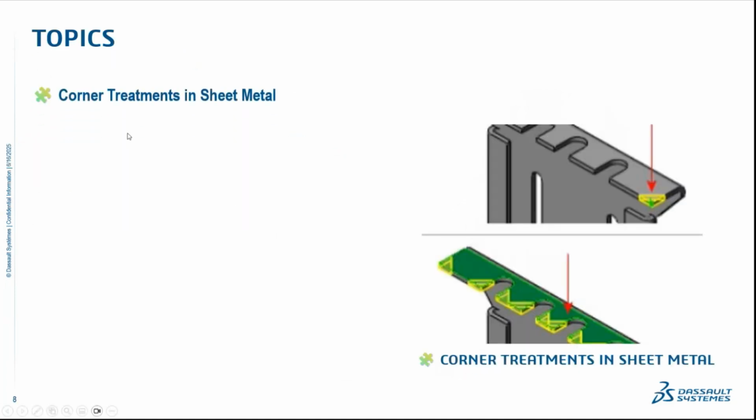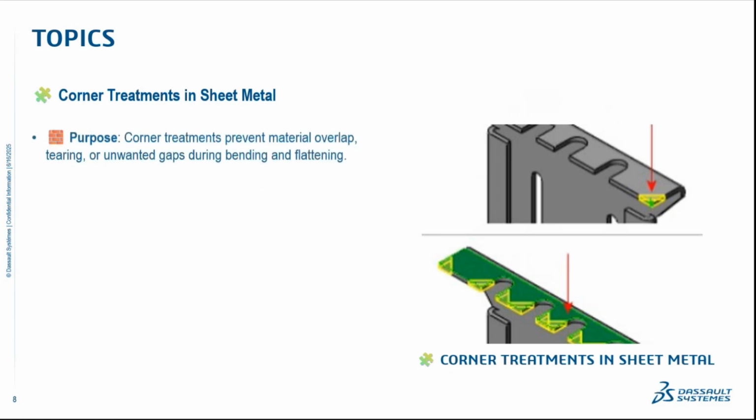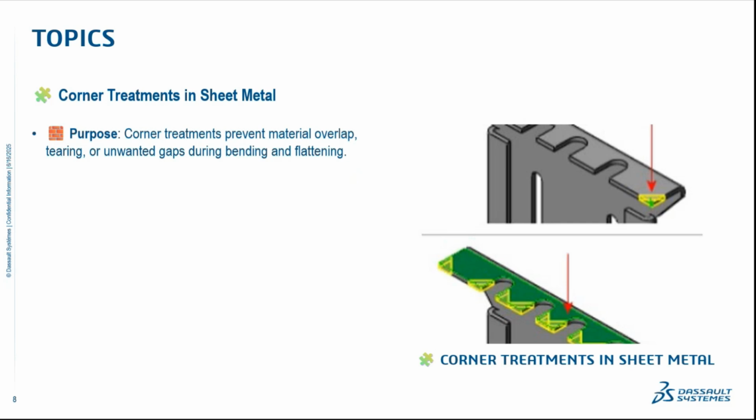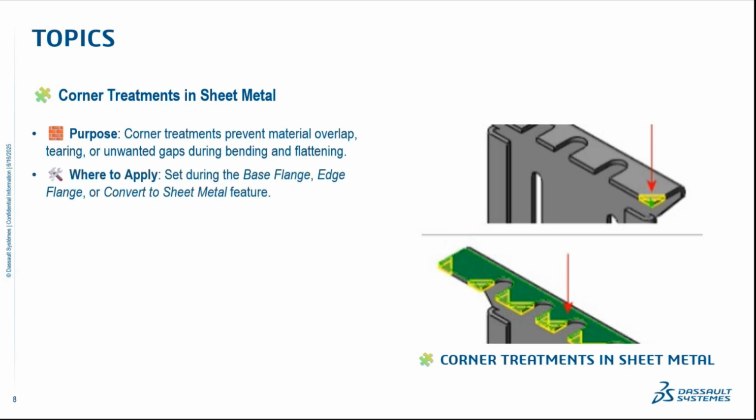So after that, let's talk about our corner treatments in sheet metal. What is the purpose? Corner treatment prevents material overlapping, tearing, and unwanted gaps during the bending and flattening processes. Where to apply? That's the most important question.